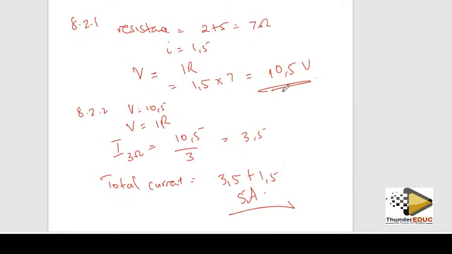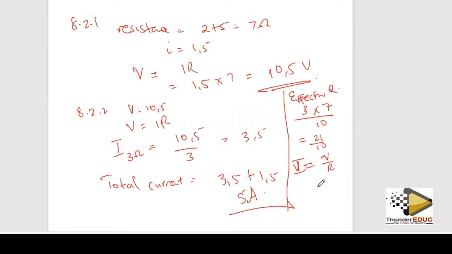And as much as someone that finds the effective resistance within the parallel combination of 3 and 7, remember it's the product over the sum, which will be 21 over 10. Then the voltage is still the same, so the current is gonna be voltage over resistance, which is 10.5 divided by 21 over 10.